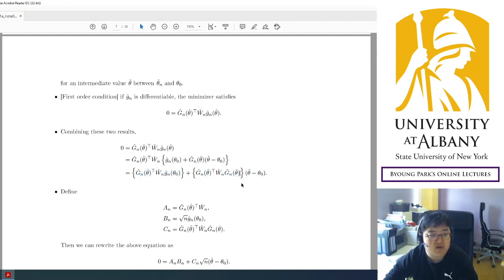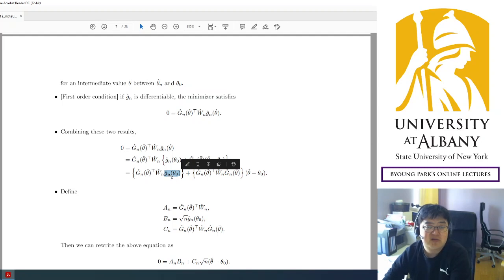And then we will consider these three terms. First, we will think about this, and second, we are going to apply the central limit theorem on this guy after multiplying by the square root of n, and then this guy converges to some constant, and after multiplying the square root of n to this guy, we are going to apply the central limit theorem to obtain the normal distribution.